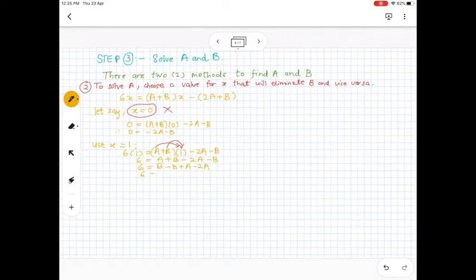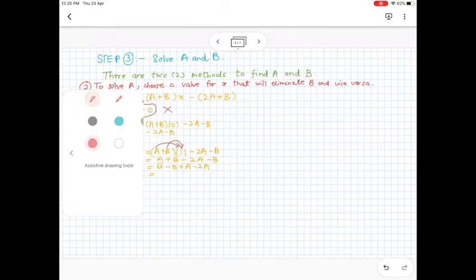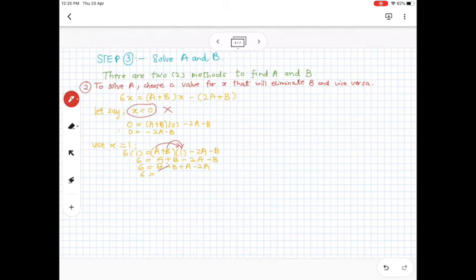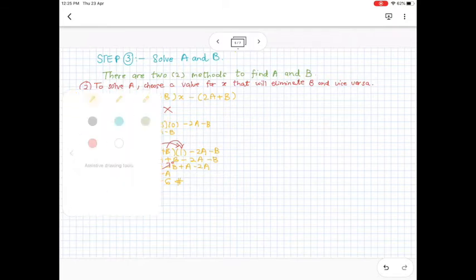So b minus b you can cancel out, you will get 0. What's left is a minus 2a, which becomes minus a. So your final result will be a equals minus 6.